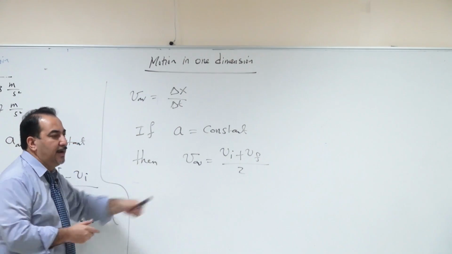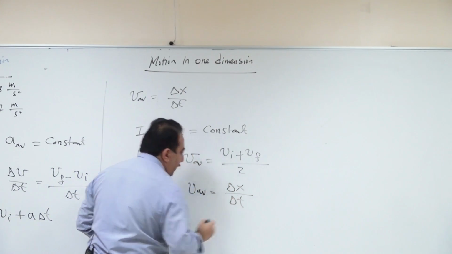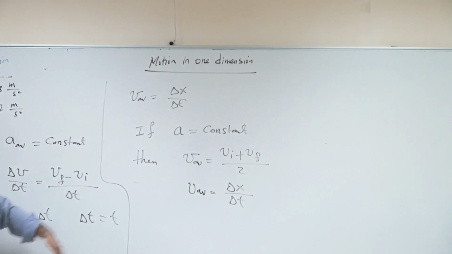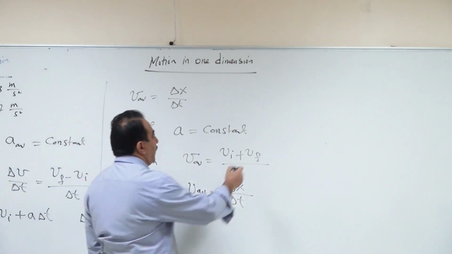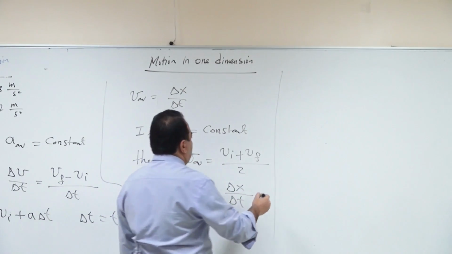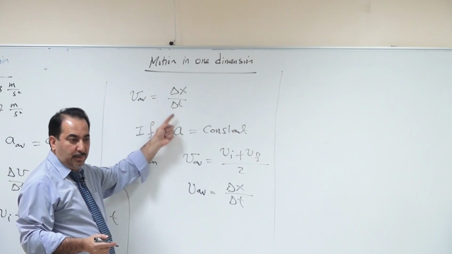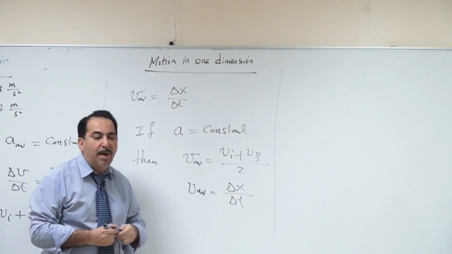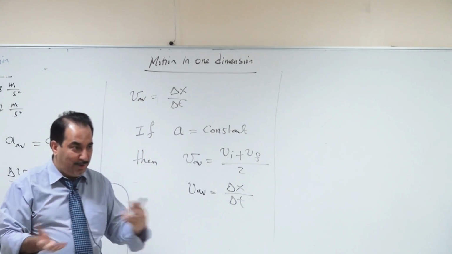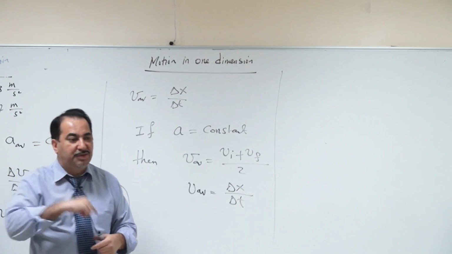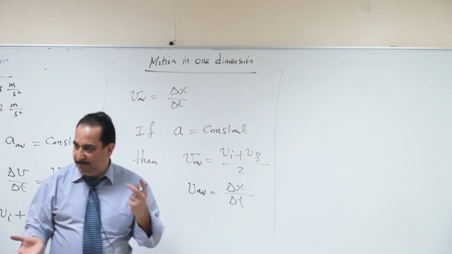So now I'll write this one underneath. V average equals delta x over delta t. Now, can I combine these two? So what is the equation I can find? If a is constant, of course. This is a constant. This is general. Sorry, this one. I can combine them. So when I combine them, the combination is for general or for a conditional? Because when you mix special with general, the answer is for special, not for general.